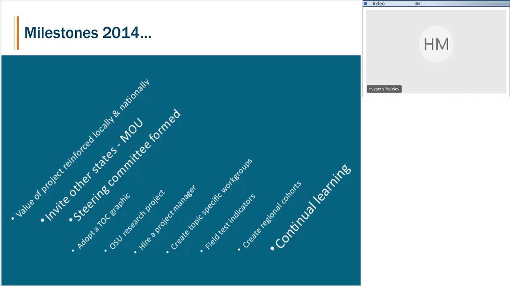We went through the process of refining and adapting that theory of change that you saw, and accepting the Oregon State research project that was done, and also going through the process of hiring a coordinating entity that would manage the regional project throughout the 3 states, which was the Prosperity Agenda.